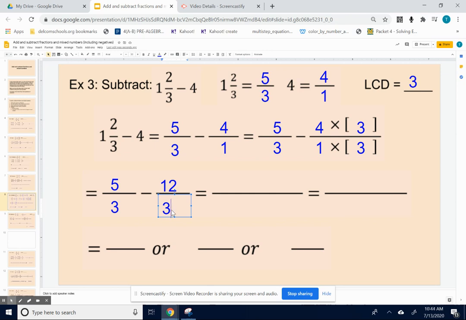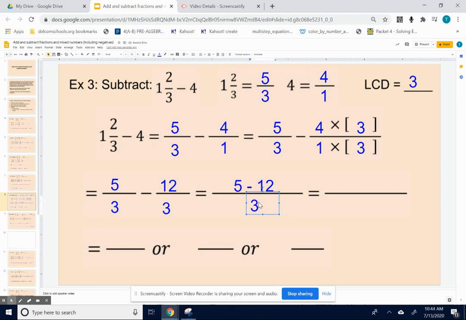Once we have the problem as fractions, we did that first, and then we rewrote it with the least common denominator, we did that second. Now we need to add or subtract the tops and keep the bottom the same. So on the top, we need to find 5 minus 12 and keep 3 the same.